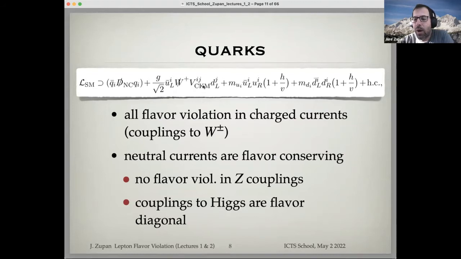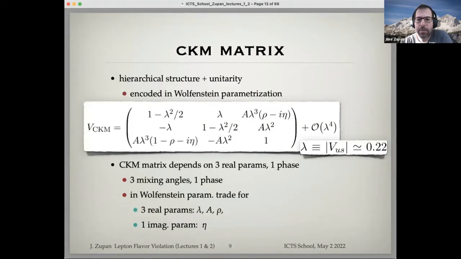The reason why this is not just one is that there were two Yukawa matrices that were not diagonalized in the same basis with the same transformation. And then the neutral currents are flavor conserving. So no flavor violation in the couplings of the Z boson, and the couplings to the Higgs are also flavor diagonal.